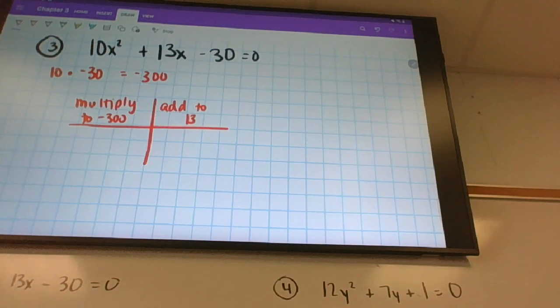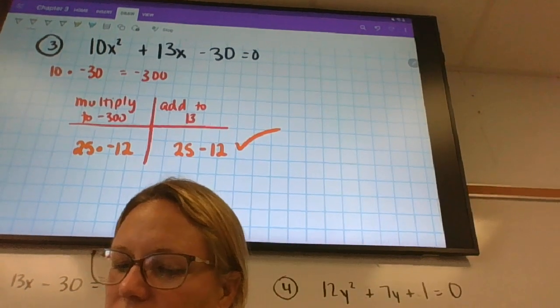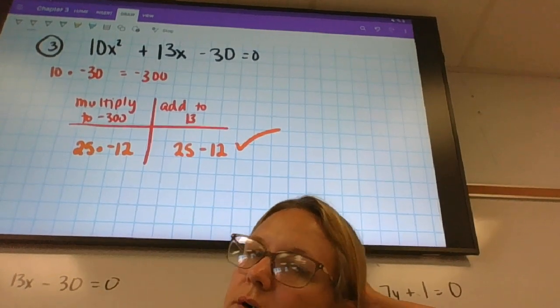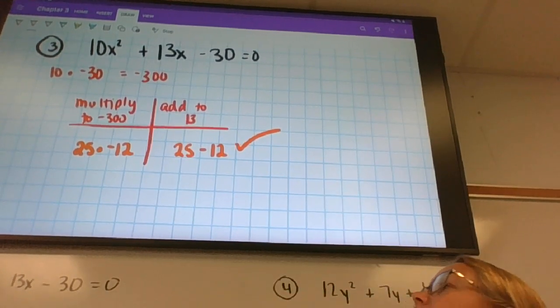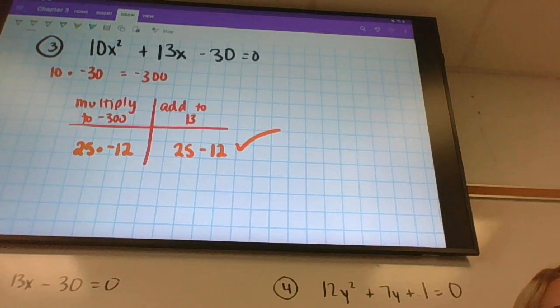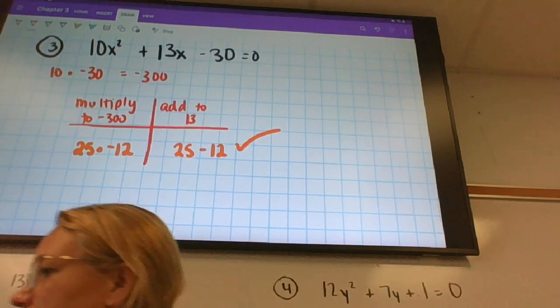I multiplied to negative 12. Here are the numbers. If you couldn't come up with those, I picked a challenging one on purpose. So I'm going to pause and let you work with those numbers. Put them in the middle and rewrite.